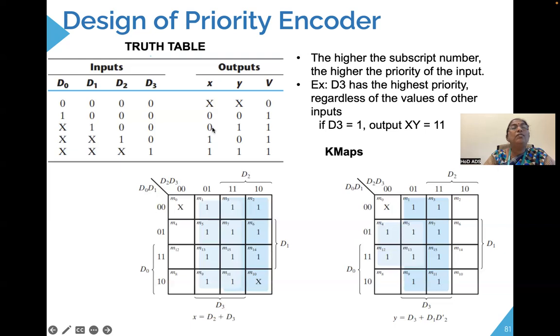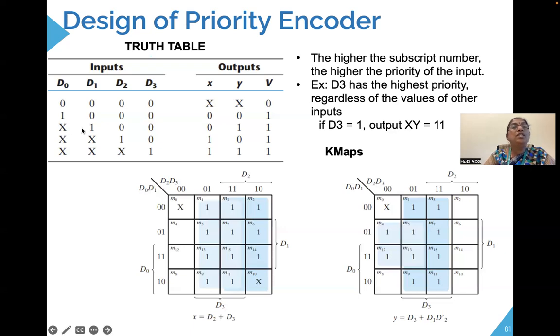Like that, if X value is 0, again D0, D1, D2, D3, here I can substitute either 0 or 1. If I consider 0, it is 1, and the next time I will consider 1, 1 also. So two things have to be mapped over here.